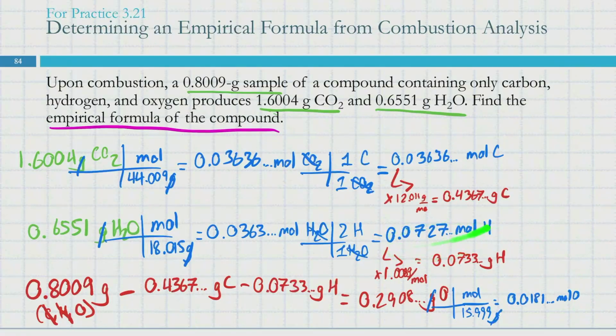We're going to divide all of these by the smallest one. In this case, that's our oxygen. Okay, so we get our profound result, 1 oxygen for every oxygen. And we'll have to put these other ones in. Next.